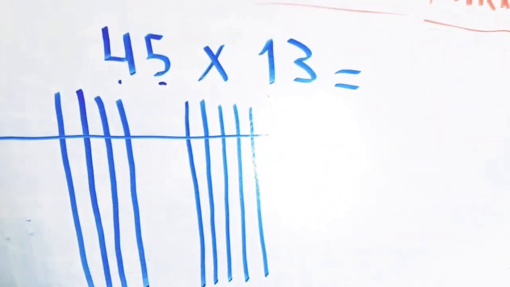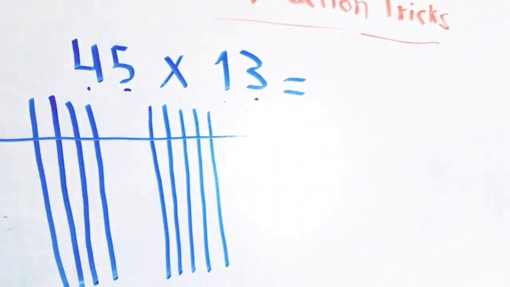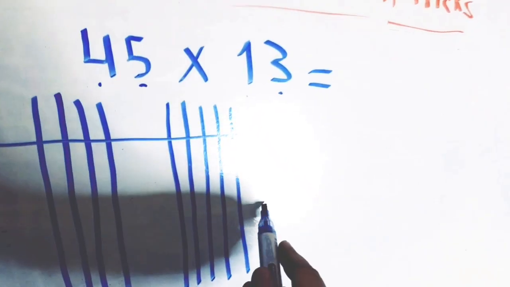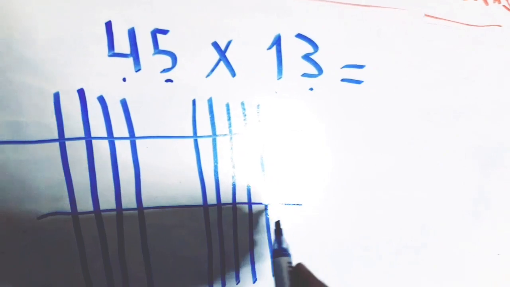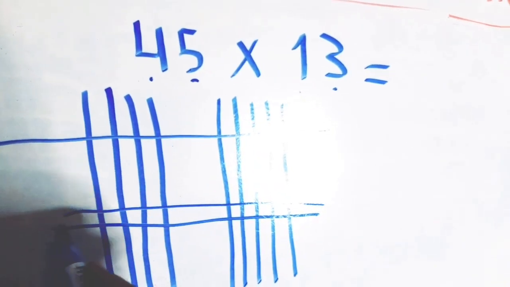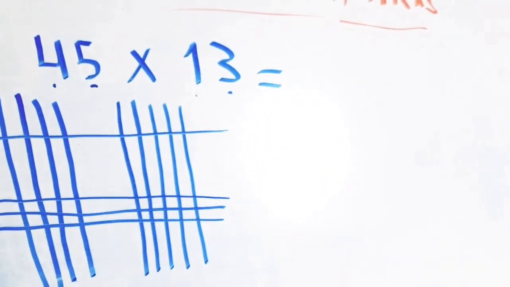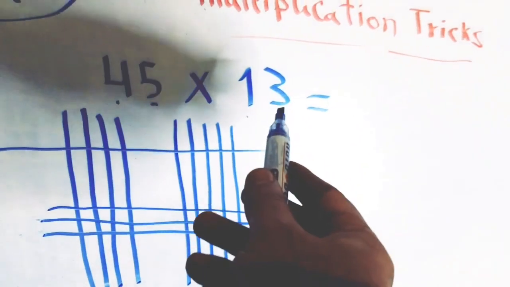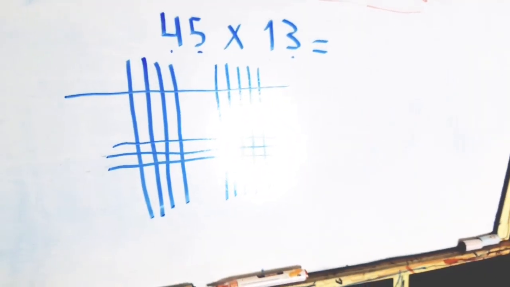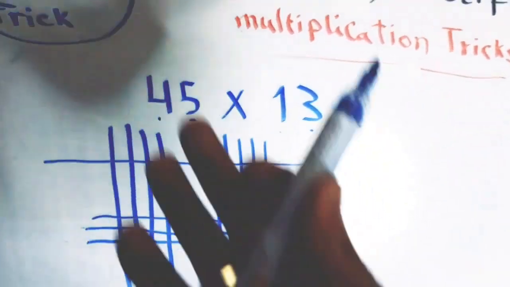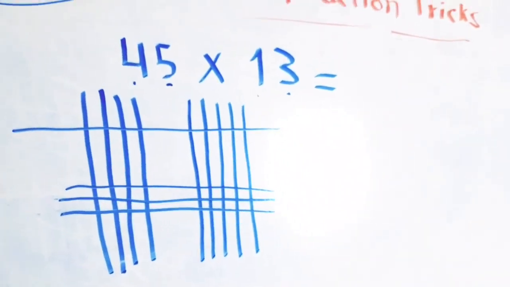We must leave a space and look at the second digit, which is 3, and draw 3 horizontal lines representing the second digit, 3. We have finished drawing the lines pertaining to both numbers.